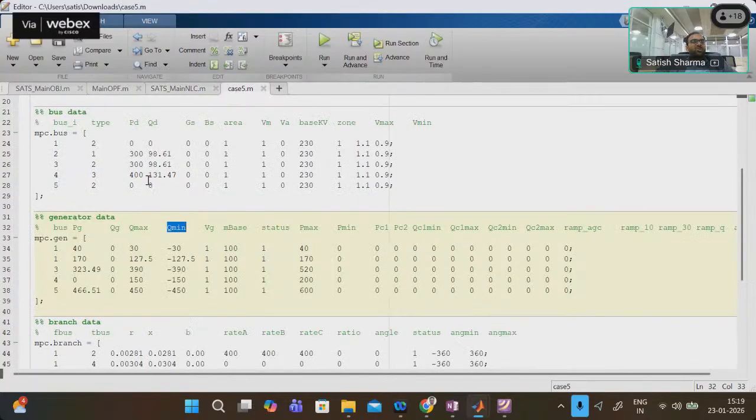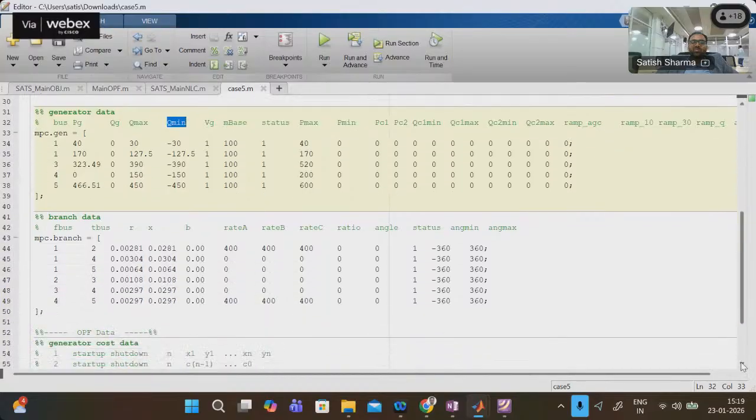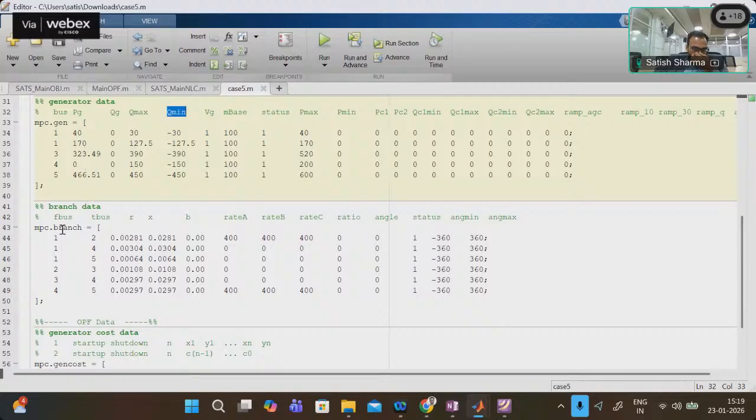I have a question for you. Let's say, can you see this particular table?